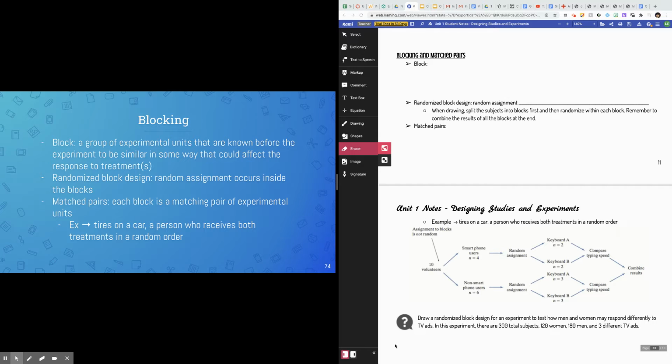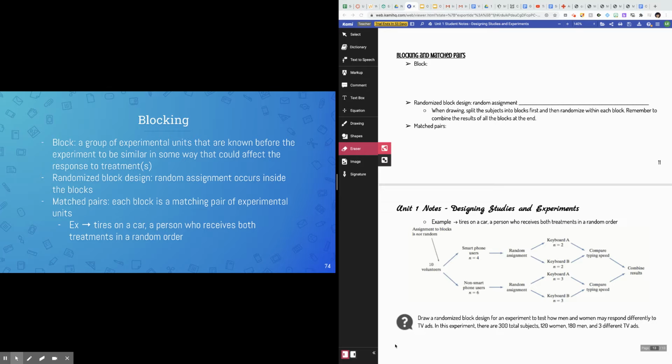Okay, so blocking, just in general, is very similar to stratified sampling, right, in the way that it makes groups. Oftentimes when people are designing experiments, they know that certain groups may have different reactions to the treatments that are imposed.